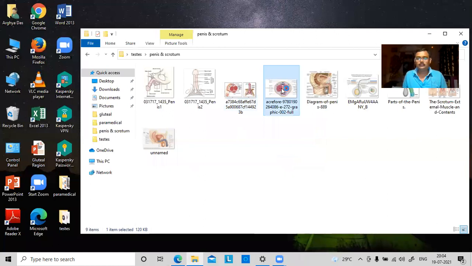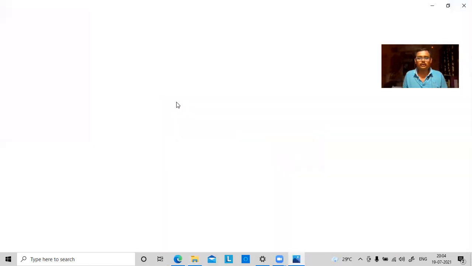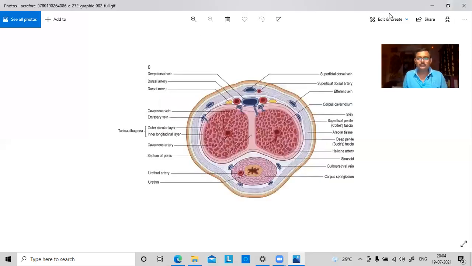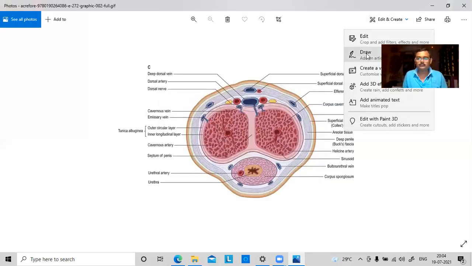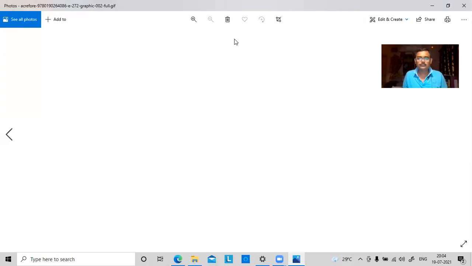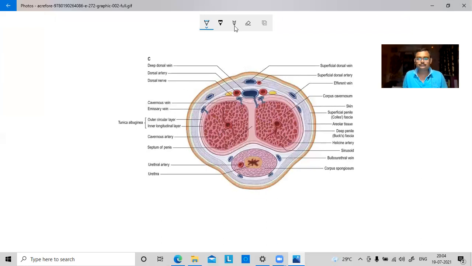If I make a sagittal section of the body of the penis, this is the structure I will encounter.